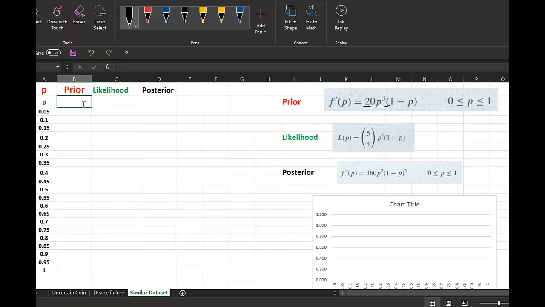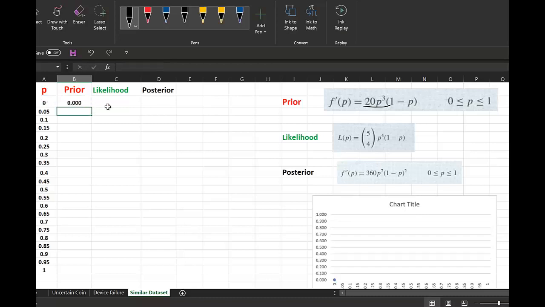This is equal to 20 times p, which is this cell, raised to the power 3, multiplied by 1 minus p, and p is nothing but A2. So this is 20 times A2 raised to the power 3 times (1 minus A2). So this is the prior value.